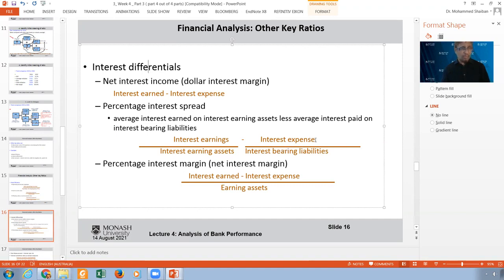So we want to measure the interest expenses based on how much we pay to depositors or to bondholders if we are issuing bonds. And then we have to look at the percentage of interest margin. So interest margin is interest earned minus interest expenses over the earning assets. So we also have three measures for interest differential, and we want all of these ratios to be high.